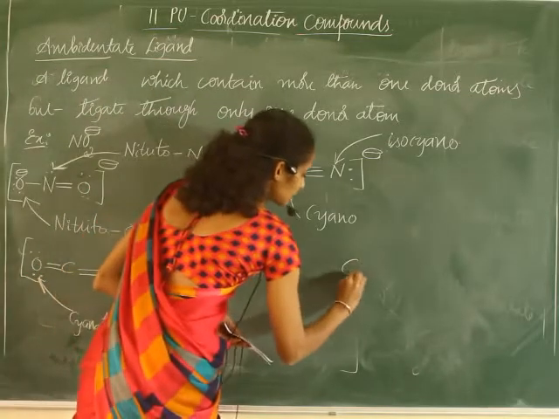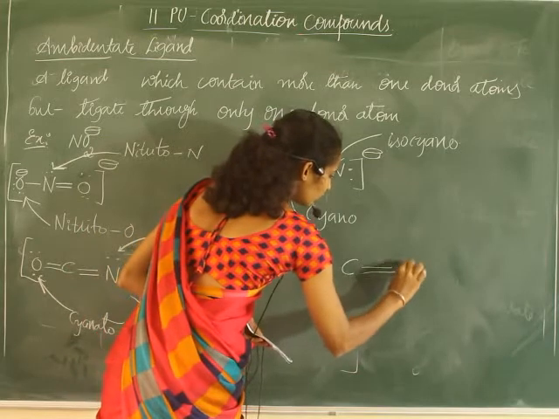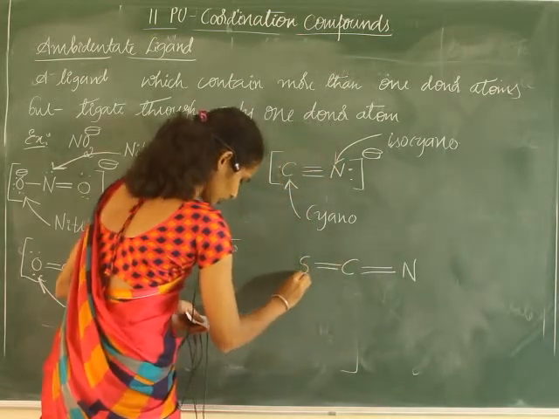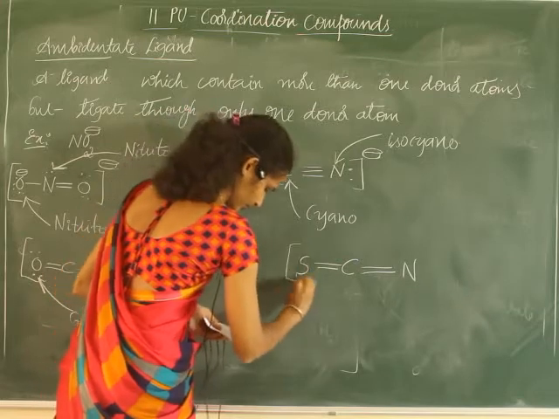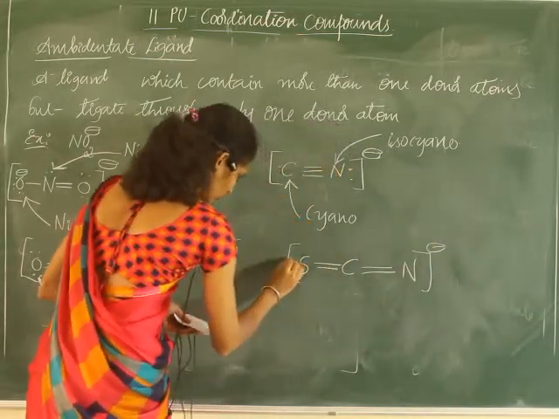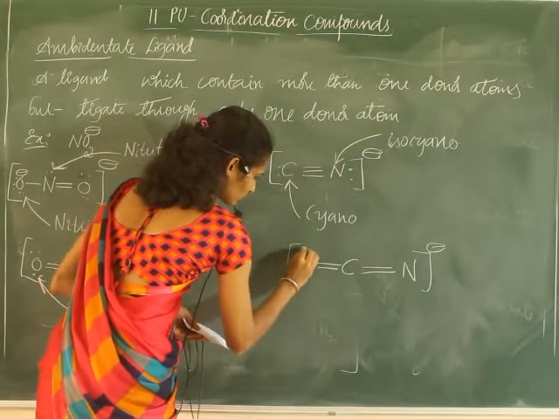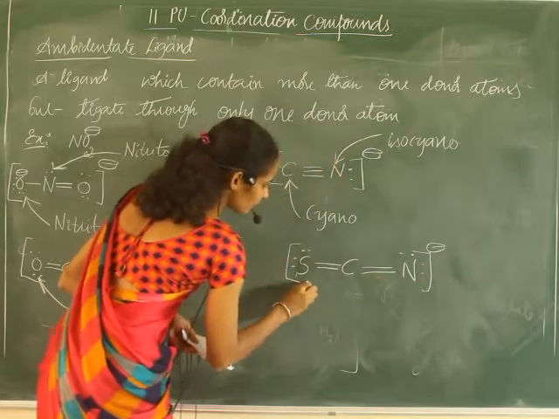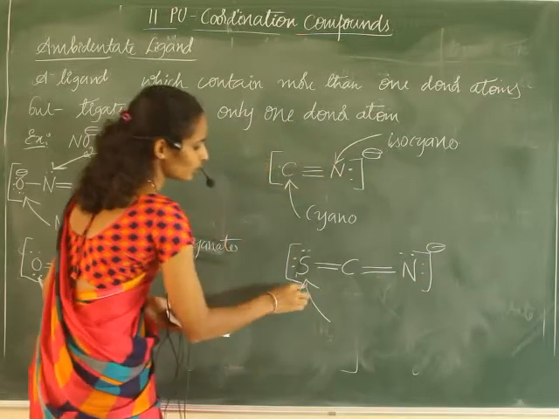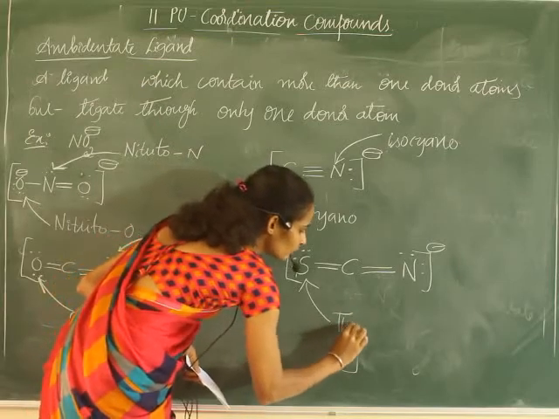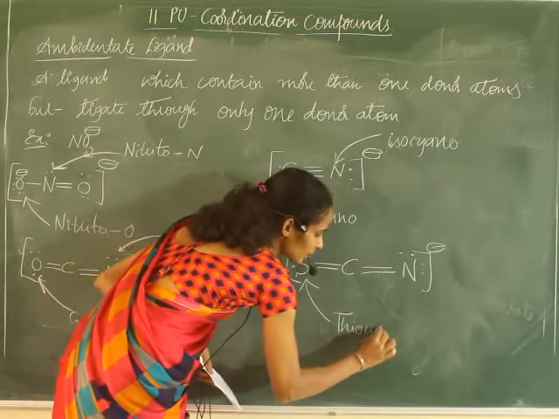Then one more is thiocyanato, that is C triple bond N, double bond S. If it is bonded through sulfur atom, then it is called thiocyanato.